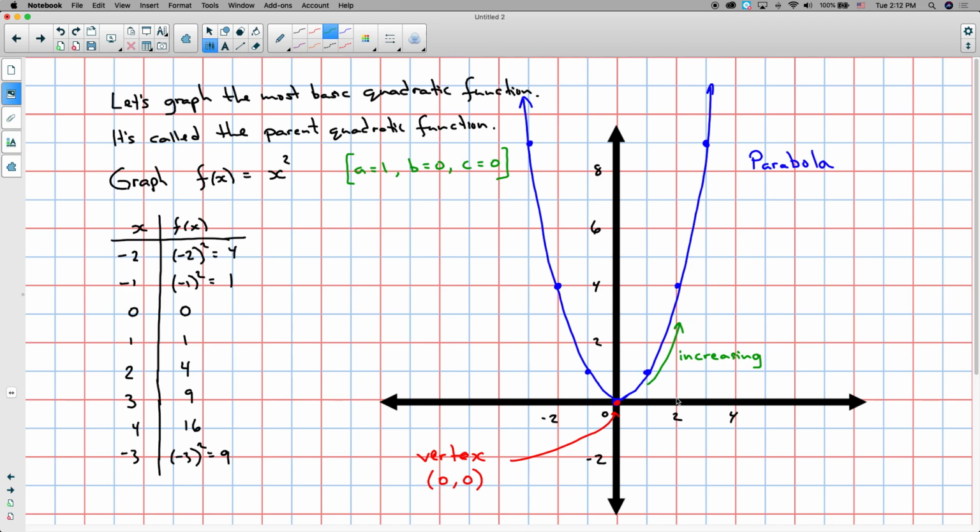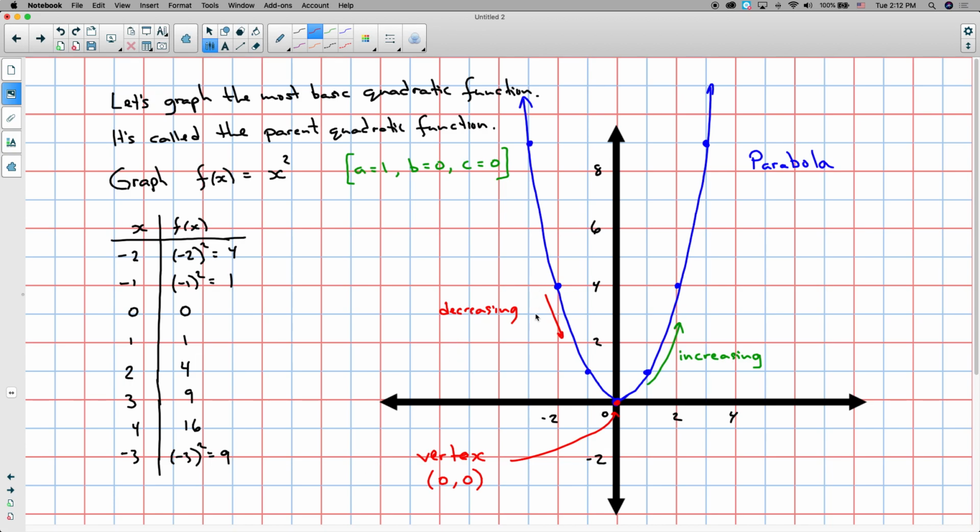As you put in the next number, it gets higher than the previous number. Okay, but over on this side, things are decreasing. There's like moving down towards the vertex.